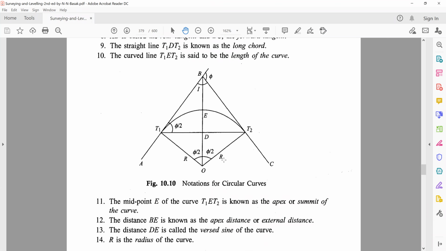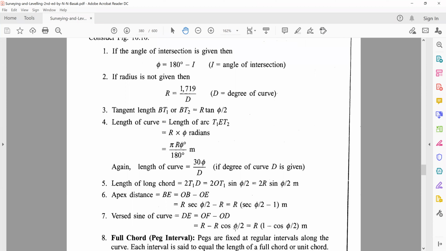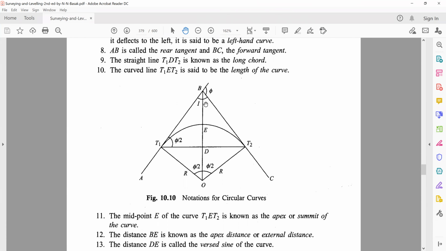You can calculate it by taking the distance OE, which is the radius, because we're talking about a simple circular curve, and subtracting the distance OD, which can be calculated from the same triangle ODT1. That comes out to be R minus R cos phi by 2, or R into 1 minus cos phi by 2.